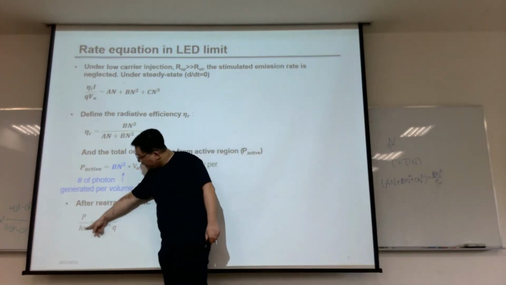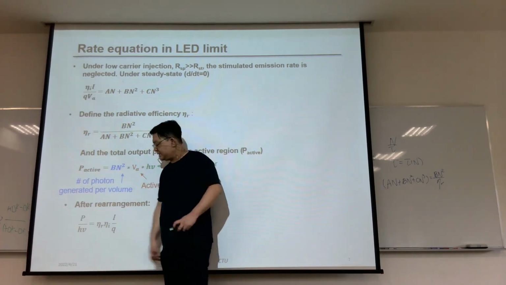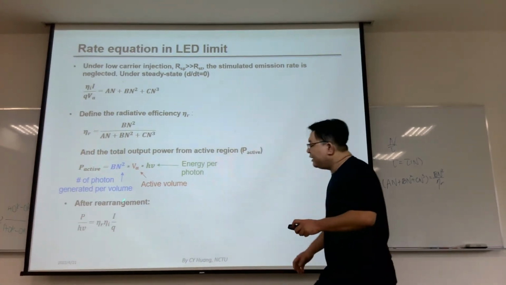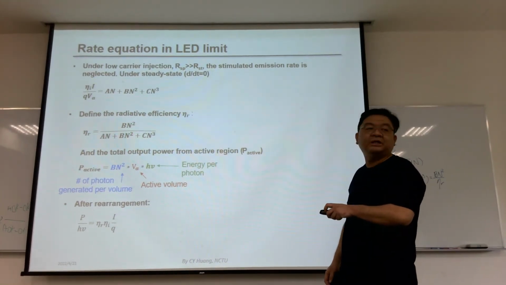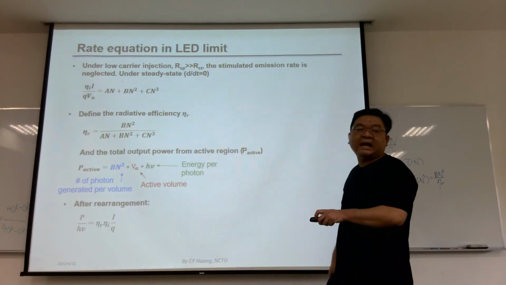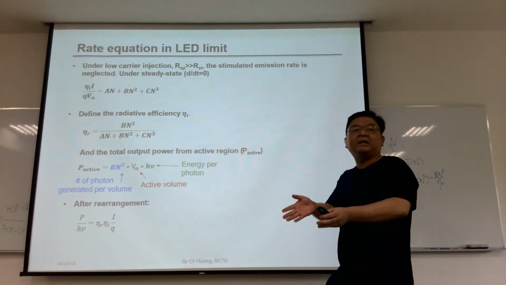P over h mu, the number of carrier photons generated. I divided by Q, the number of electrons injected, times zeta I, because some part will be missing, not going into the active region.